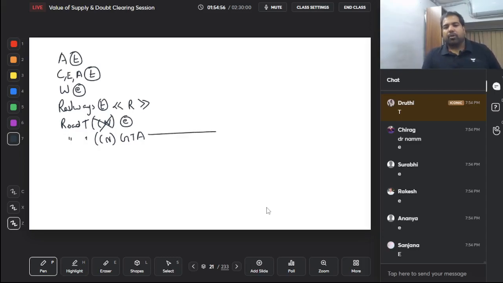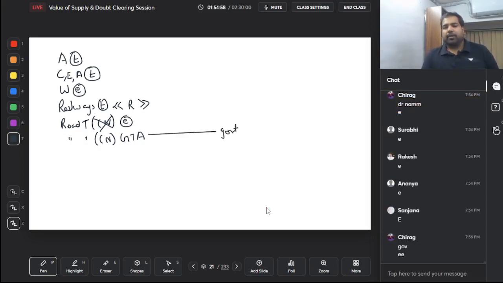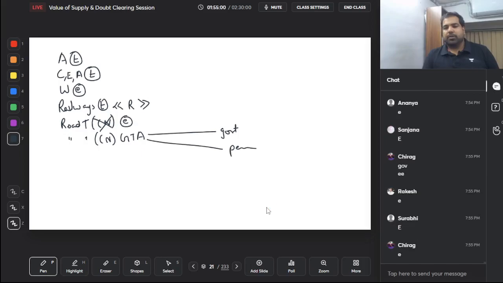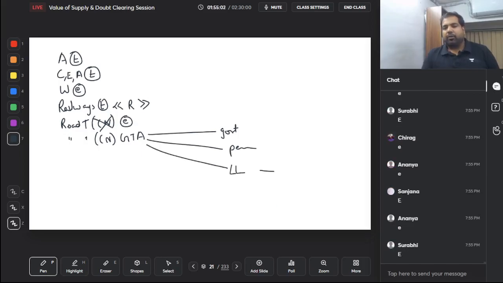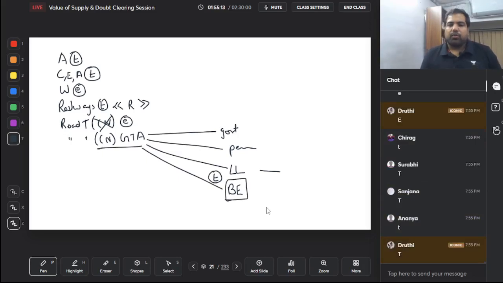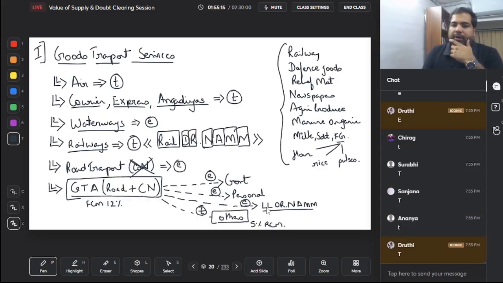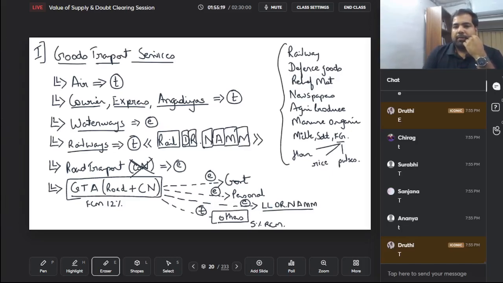Or what about the government? Exempt. Personal purposes, exempt. LL Dr. Nam, exempt. And to others like business entities, taxable, but have an option of RCM as well as have an option of FCM. So we are left with just LL Dr. Nam. Guys, do we know Dr. Nam well?